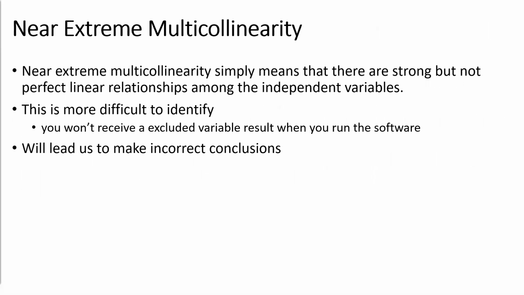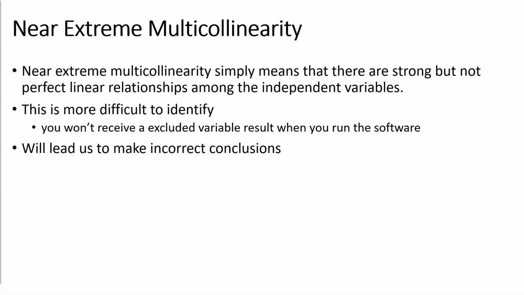Near extreme multicollinearity simply means that there are strong but not perfect linear relationships among the independent variables. And this is actually more problematic because it won't be picked up by your software program in the way that perfectly collinear variables will. And Allison points out that this is far more problematic because it can lead us to make incorrect conclusions without being aware of the problem.